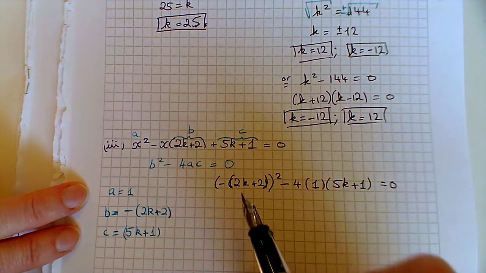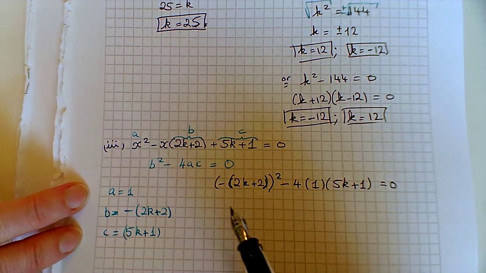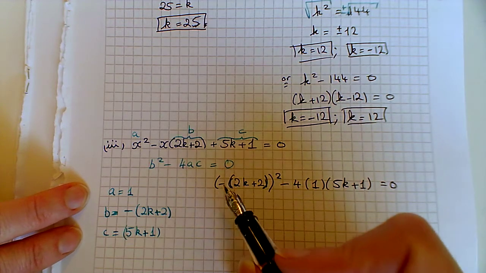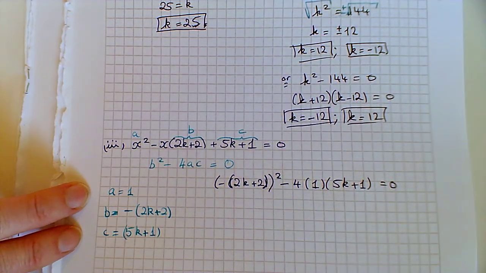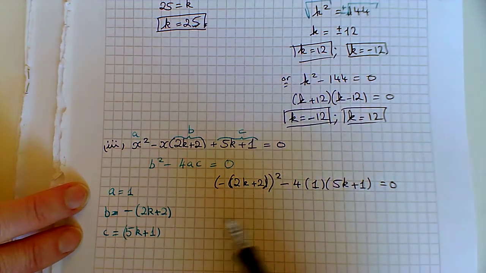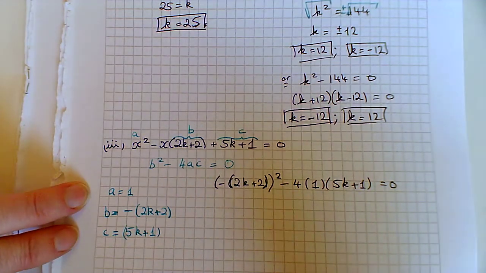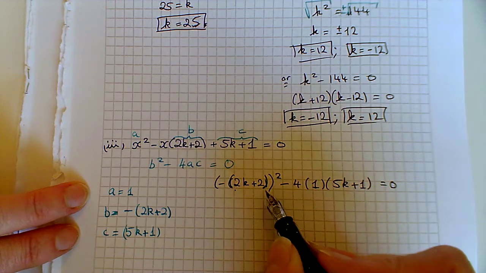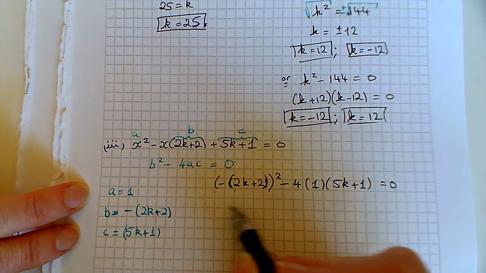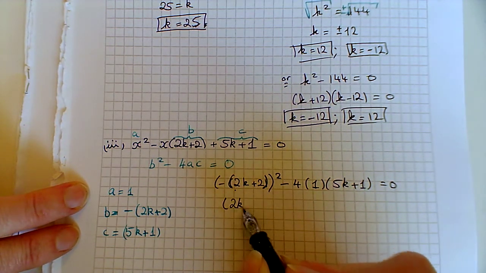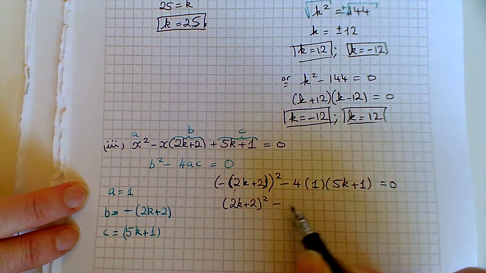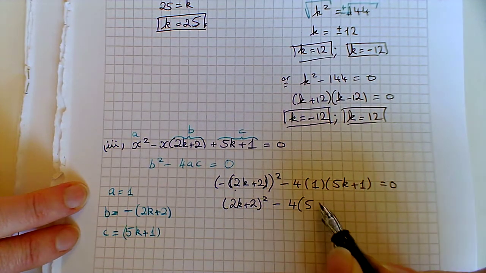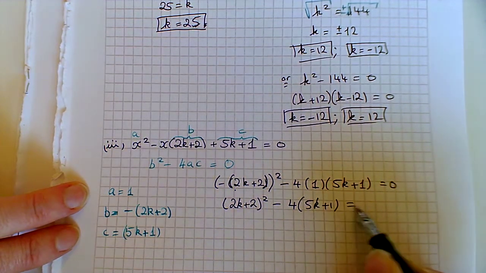If you were filling into the full minus b formula, though, it would change your answer. When I square a negative number, I get the same answer as if I'd squared a positive number. So when I square this, the minus gets squared as well, and this is the same as just 2k plus 2 all squared. So this is 2k plus 2 all squared minus 4 by 5k plus 1 equals 0.